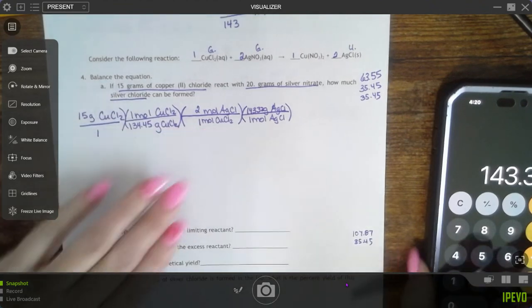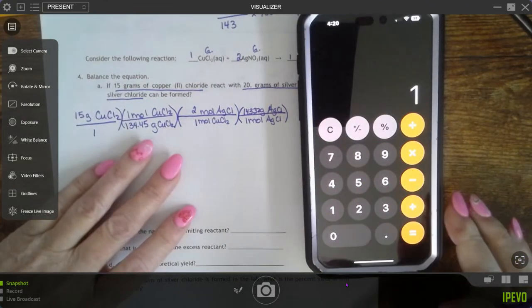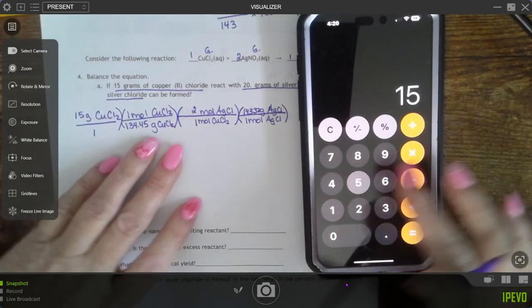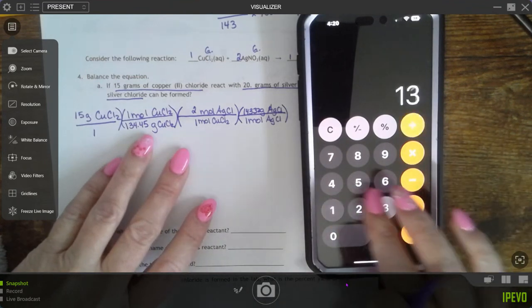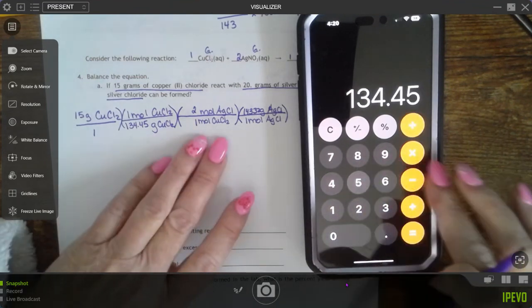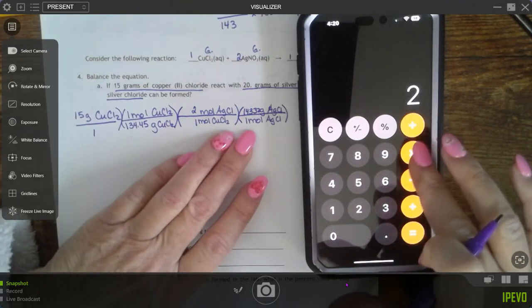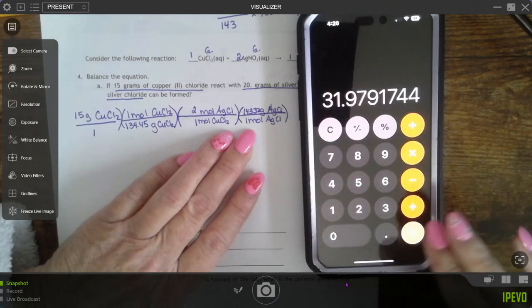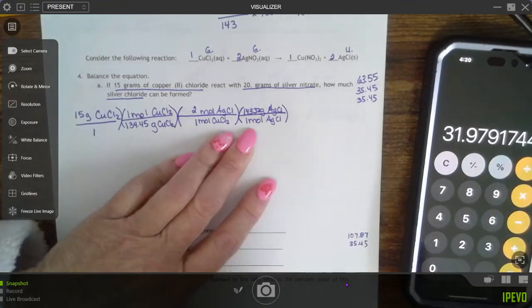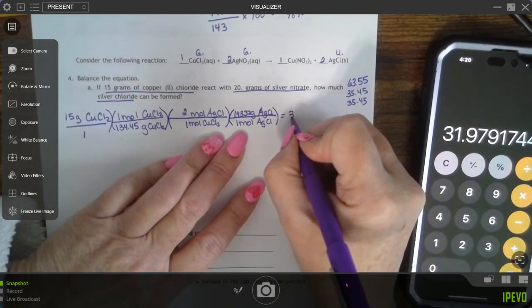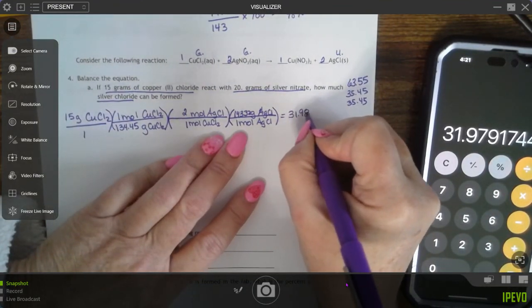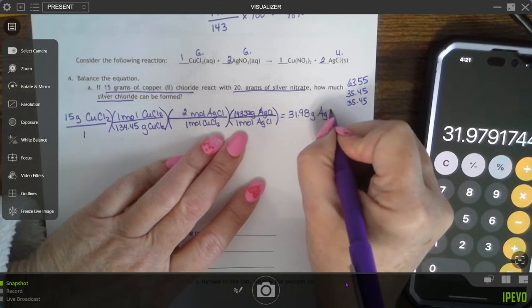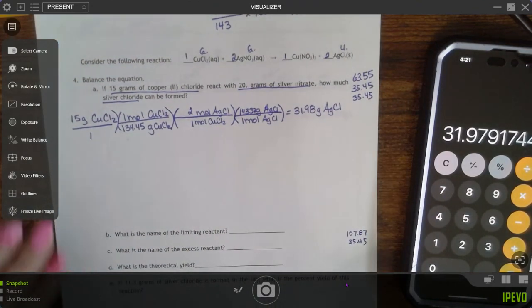All right, let's do our calculation now. 15 divided by 134.45 times 2 times 143.32. 31.98 grams of AgCl.